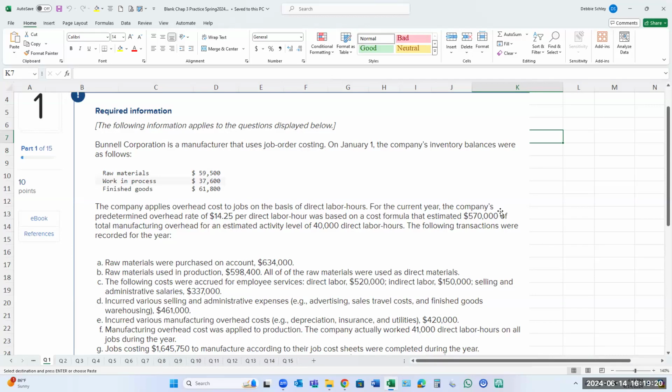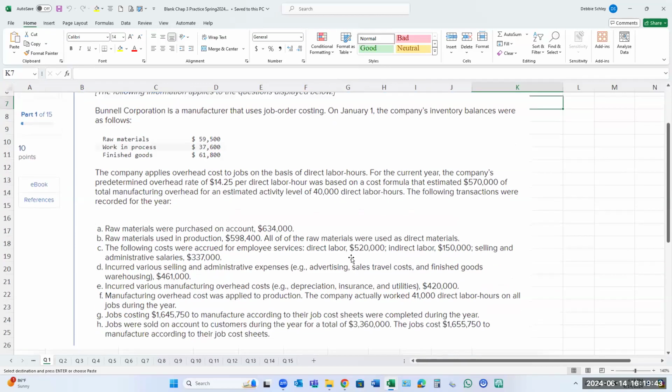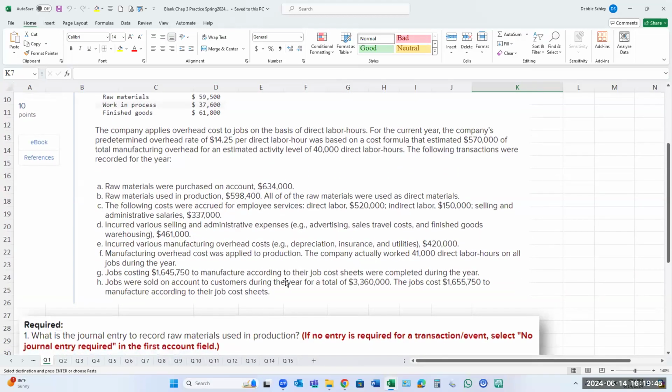For the current year, the company's predetermined overhead rate of $14.25 per direct labor hour was based on a cost formula that estimated 570,000 of total manufacturing overhead for an estimated activity level of 40,000 direct labor hours. The following transactions were recorded for the year. So then they give us transaction information, which we will use to answer the following 15 questions.